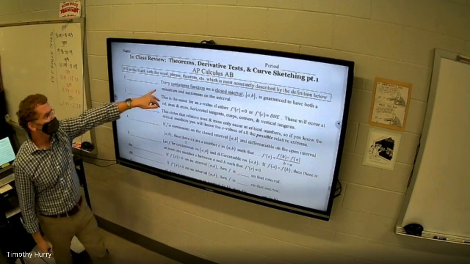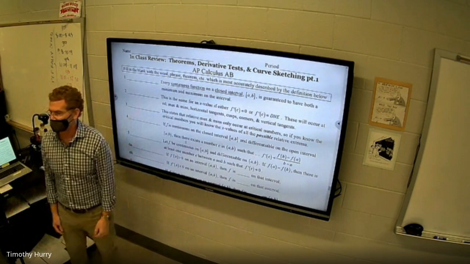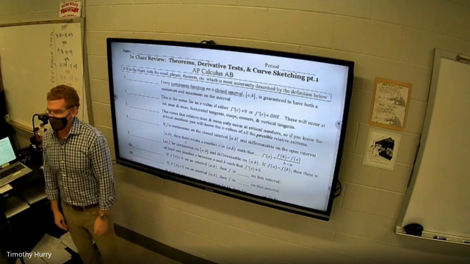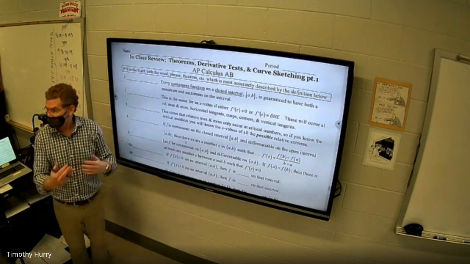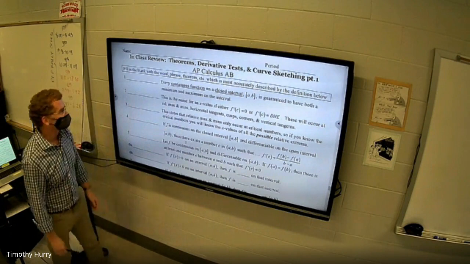Like right here, every continuous function on a closed interval is guaranteed to have a maximum. What is that? The EVT. I'm not going to ask you what's the EVT and have you quote all these things, but I may give you a formula and say, what is it? You've got to know it's EVT, not mean value theorem, not Rolle's theorem, not Fermat's theorem.